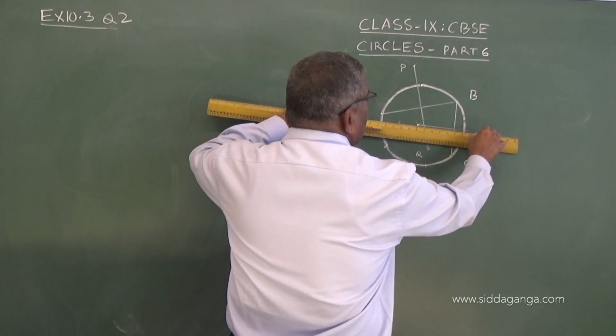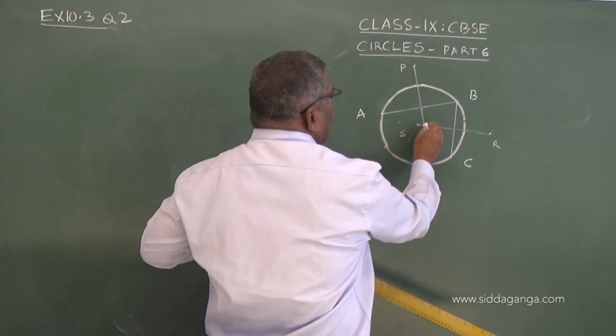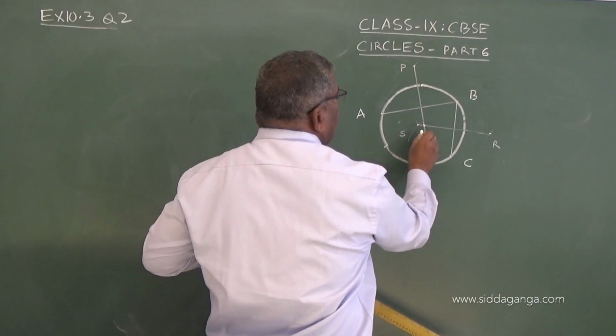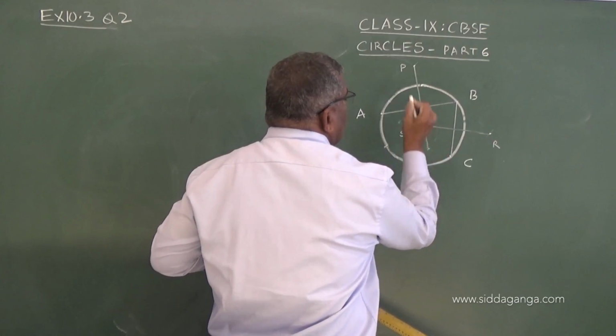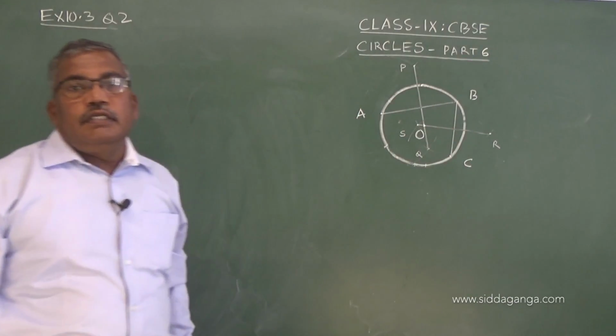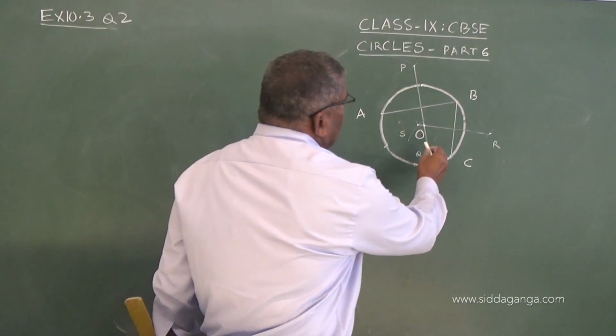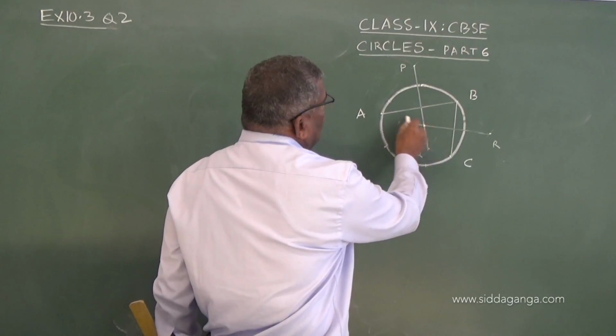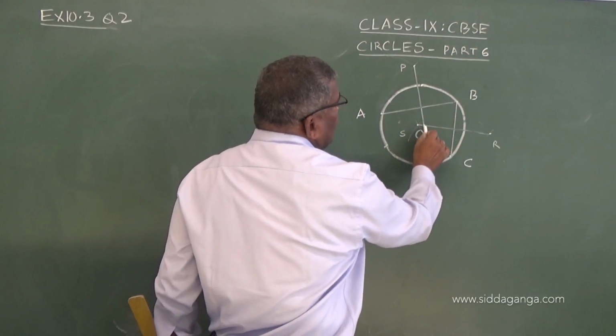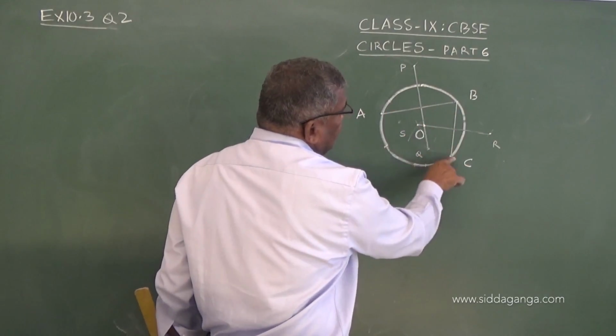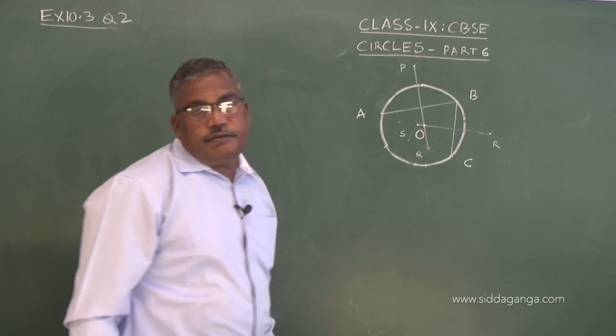If we join this, these two perpendicular bisectors meet at some point, that is the center of the circle. So, this is the procedure. Now, if you want the radius, you take OA, OB or OC distance. So, that will be the radius.